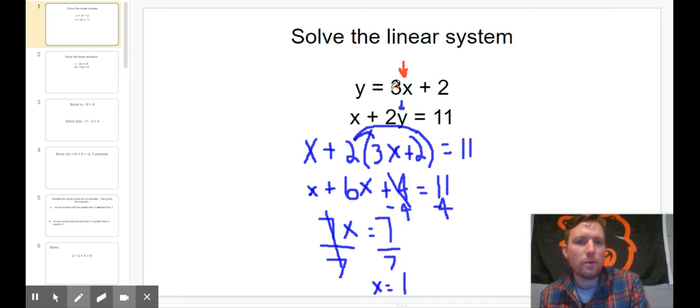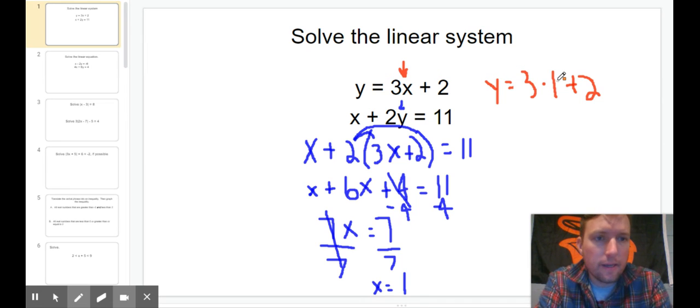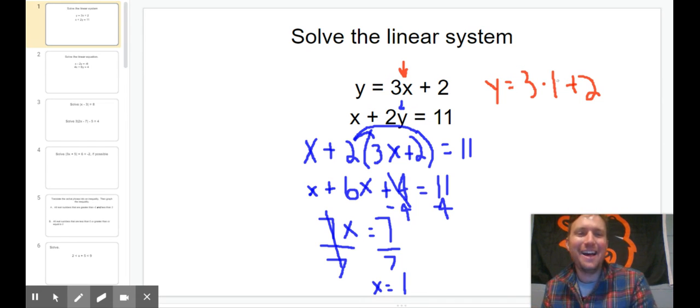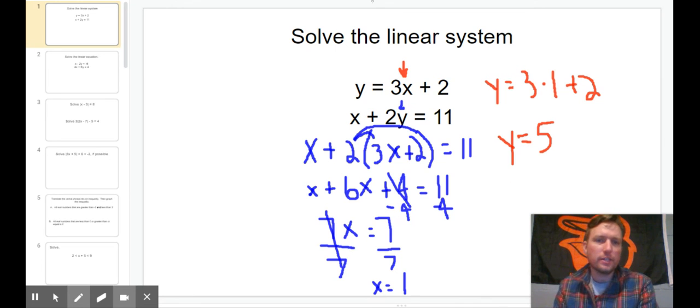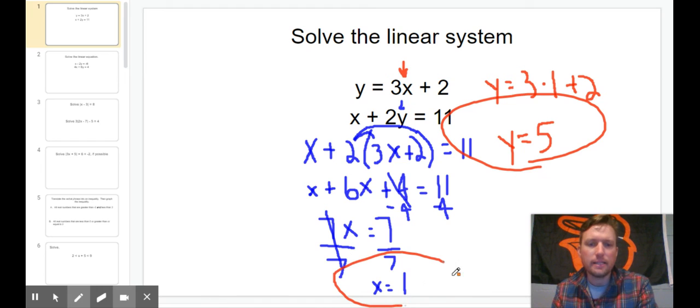So I would have my new equation, y equals 3 times 1 plus 2. And 3 times 1 would be 3, plus 2 would be 5. So y equals 5. Congratulations, you just solved the system of equations, with y equaling 5 and x equaling 1.